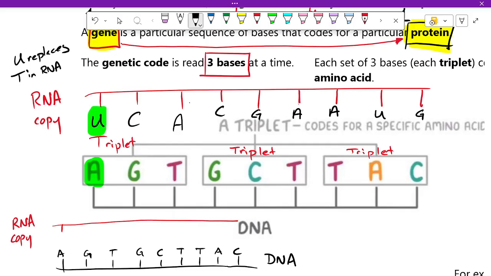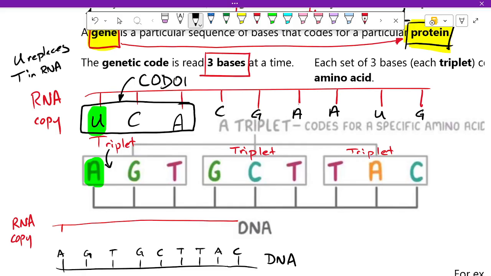Does anyone remember what we call the 3-letter code in the RNA? The DNA, we call it a triplet. In the RNA, we call it a codon.